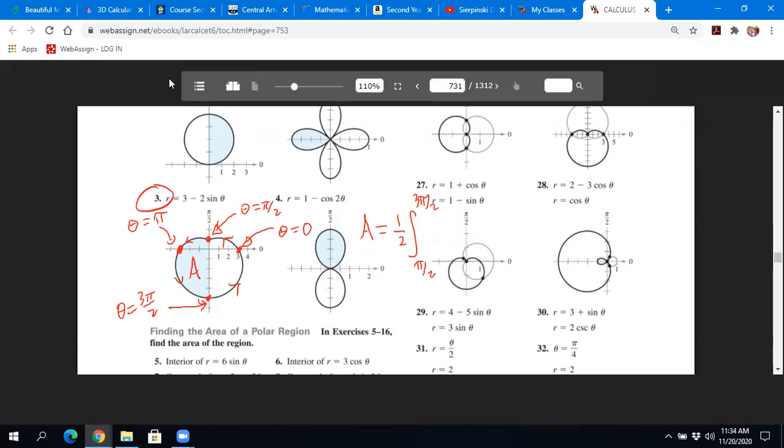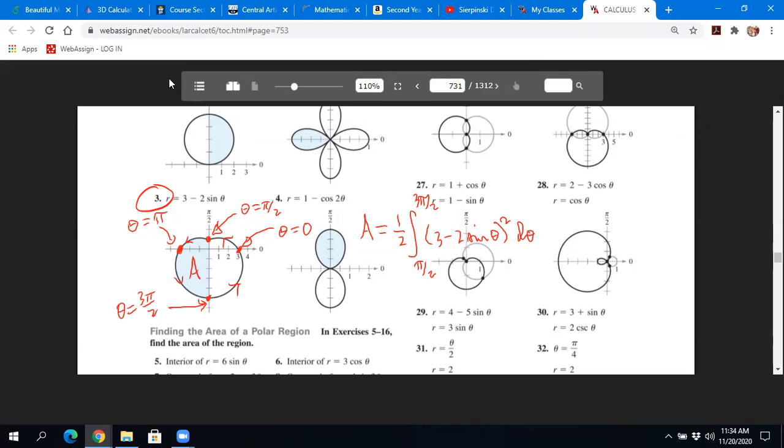Remember, we even reasoned out why it worked the way that it did. It had to do with the area of a portion of a circle. That's where the r squared came from, remember? So you would go 3 minus 2 sine of theta, quantity squared, d theta.